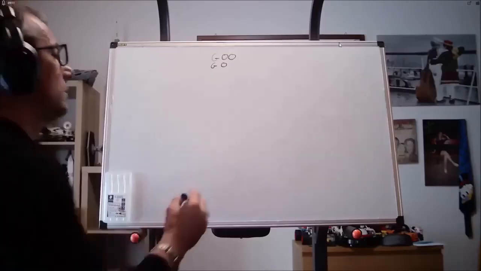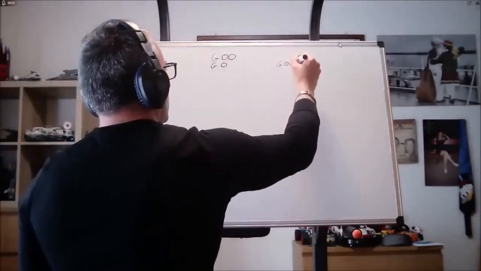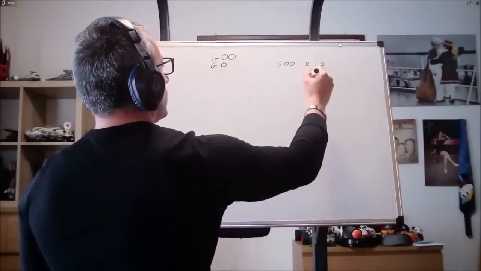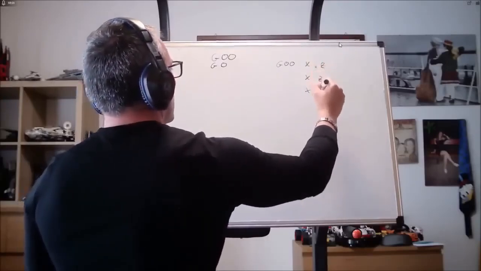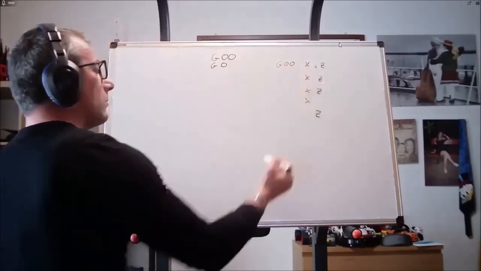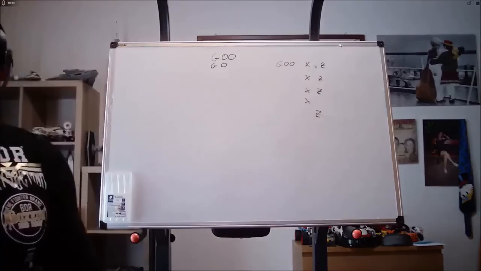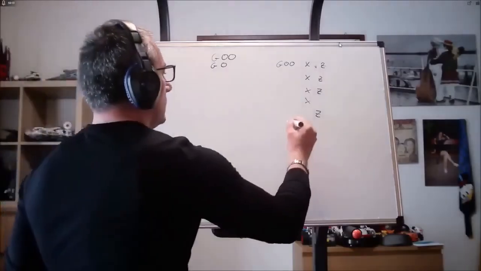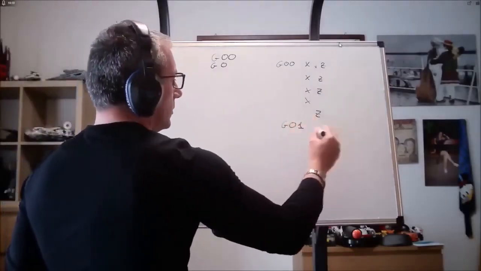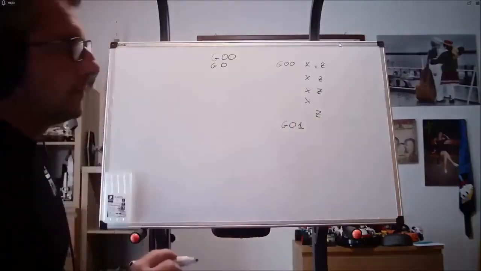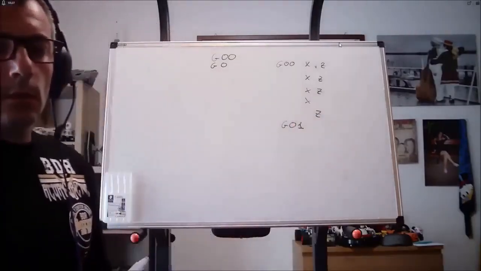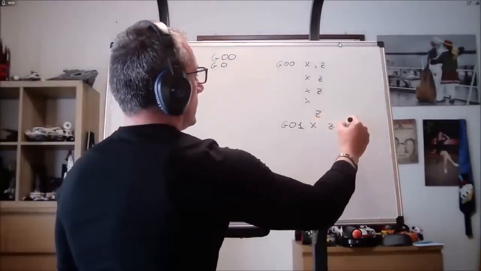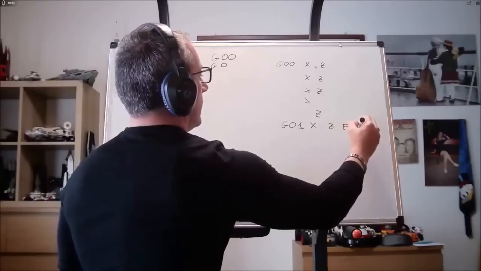I program G0, X, Z, whatever they are, and then other movements in X, Z, only in X, or in Z. All these movements, block by block, will be executed rapidly until the machine finds G0, G01, or G02, G03. What is G01? G01 is linear interpolation in working movement, so X, Z, F, which stands for feed.